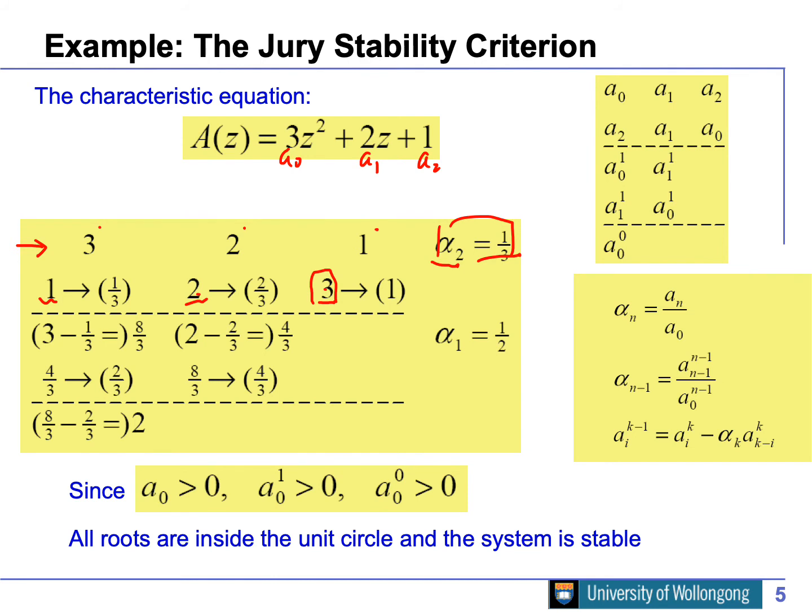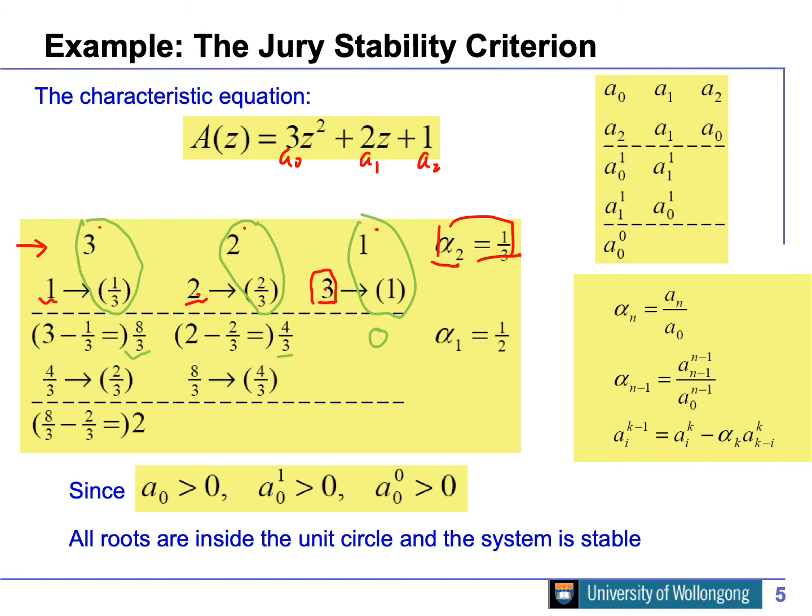Then we do the subtraction, subtracting the second row from the first row. Obviously the last item becomes 0. 2 minus 2/3, you get 4/3. 3 minus 1/3, you get 8/3.